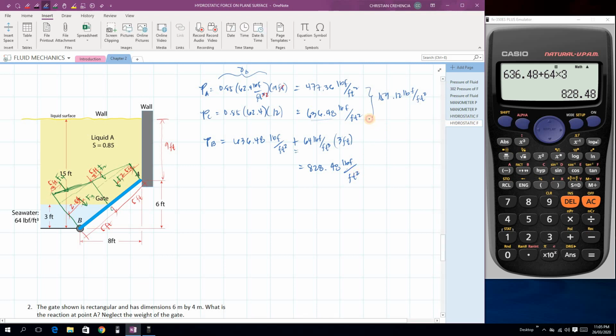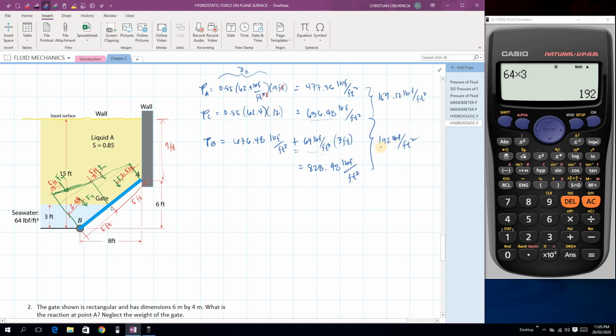Okay. Then yung difference itong dalawa, actually parang ito lang yun, no? Sixty-four times 3, so 192 pound force per square foot.